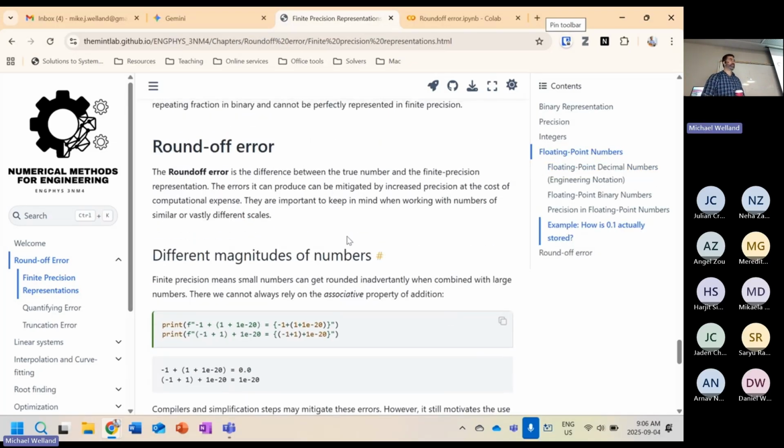When do you have to worry about this? These errors are called round off errors, as we said before, because you're literally rounding to a certain depth of precision. The round off error is the difference between the true and the finite precision equivalent. It can be mitigated by increasing the precision at the cost of computational expense, and memory storage.